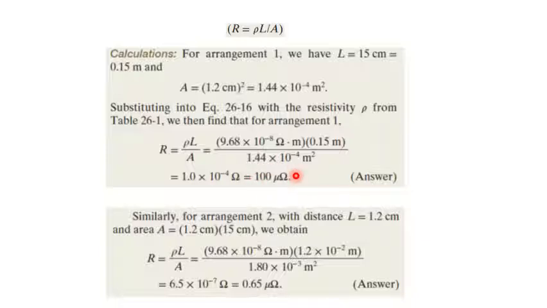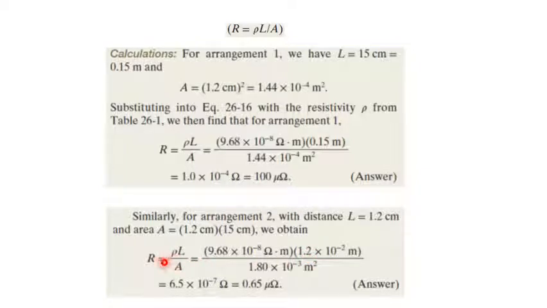Now, if we assume that the cross section across which we apply the potential is 1.2 centimeters multiplied by 15 centimeters, so this is a new area, the length in this case would be 1.2 centimeters.